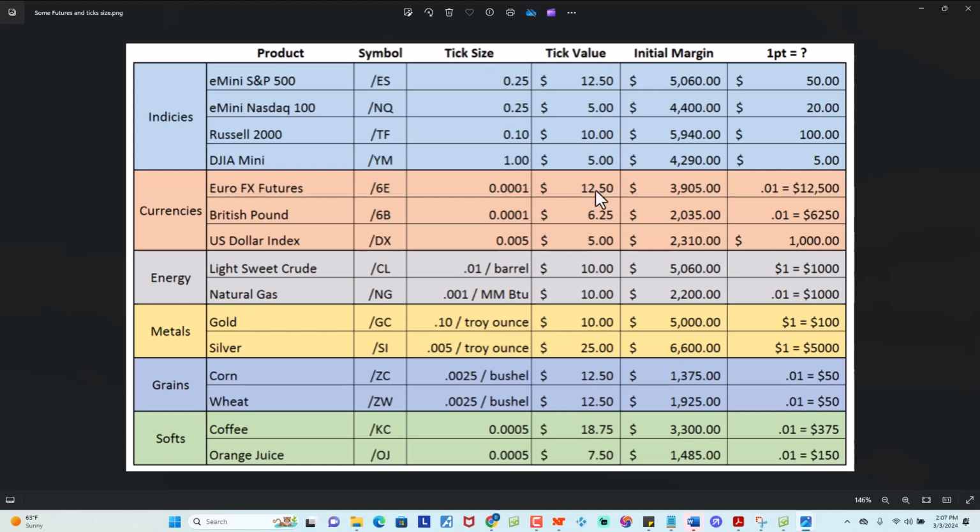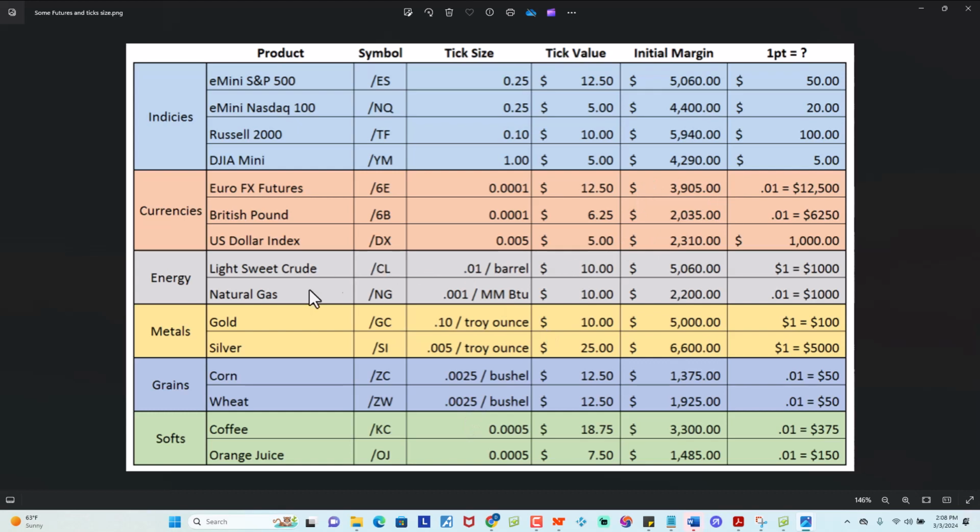So that's all you need. Based on the number of ticks that you get, you just multiply by 12.50, and so forth. I don't need to show you the calculation. I'm sure if you come from the Forex side, you understand the math already from what I just said. The representation of 1 tick is $12.50.